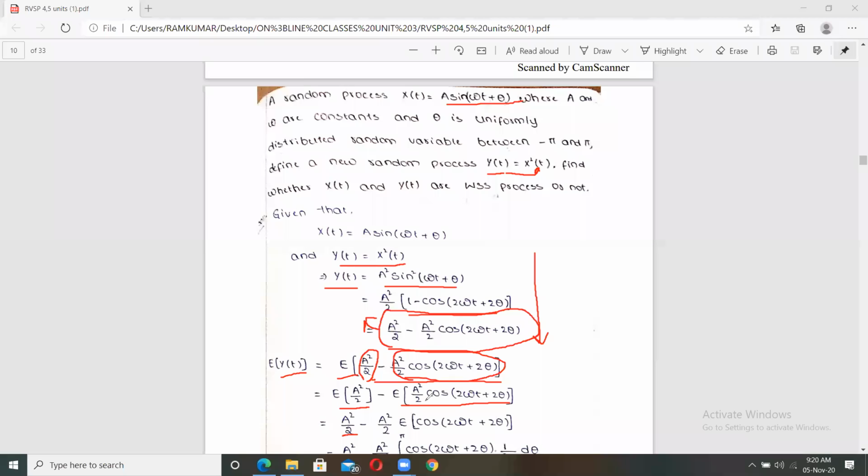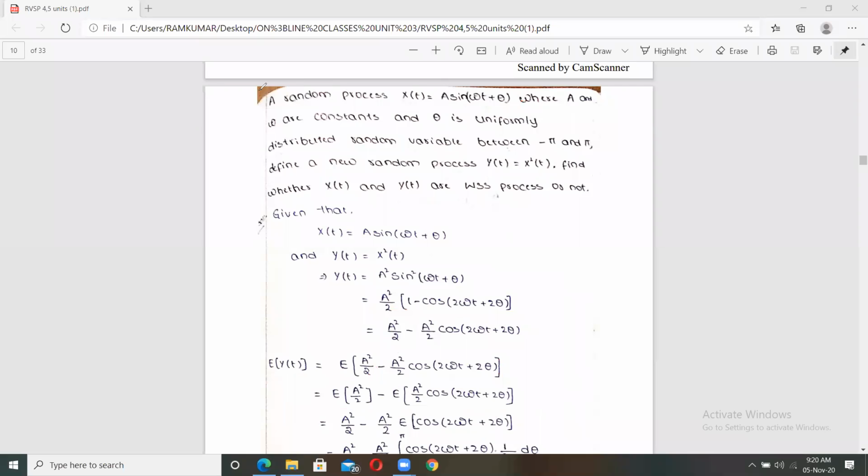That is a square by 2 taken as common. Then finally we got expectation of cos 2 omega t plus 2 theta. Right?